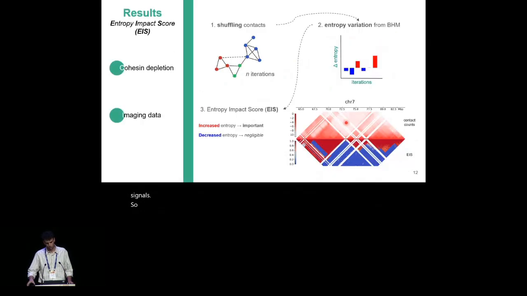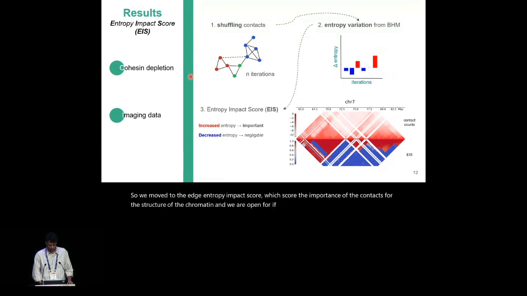So we moved to the edge entropy impact score, which scores the importance of the contacts for the structure of the chromatin. And we are open to suggestions for a new name. We start with the network and the best partition that our model is able to find, and then we shuffle the edges between the clusters.